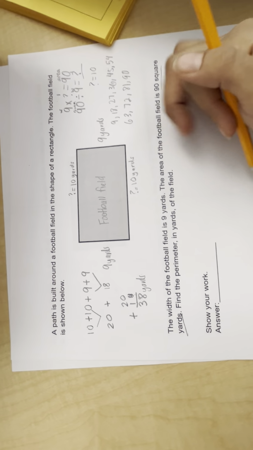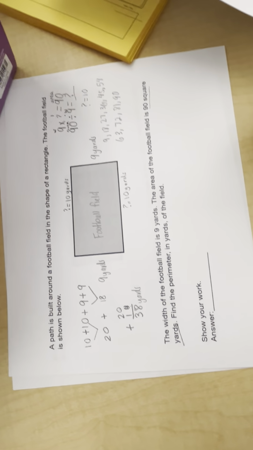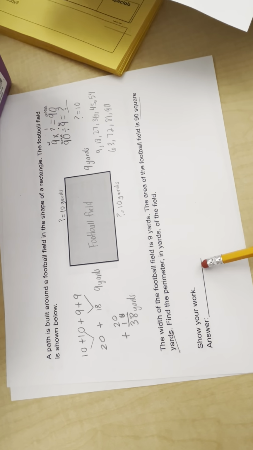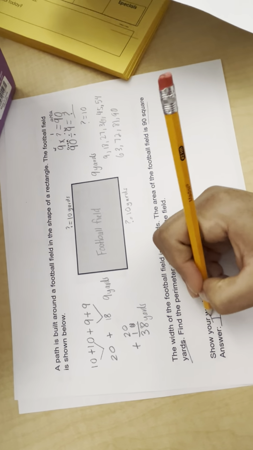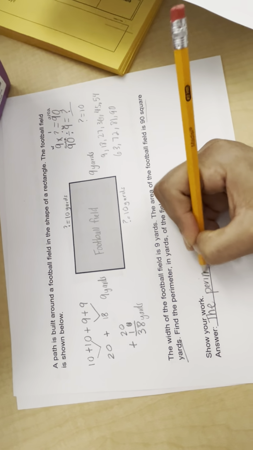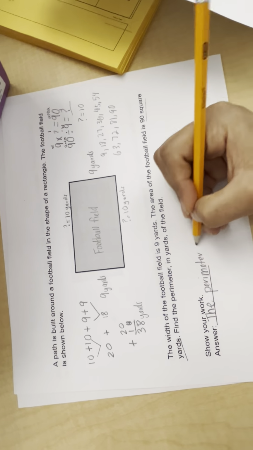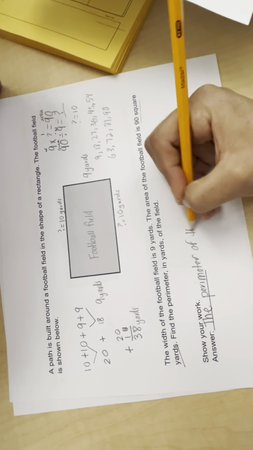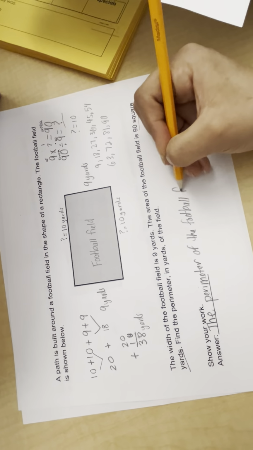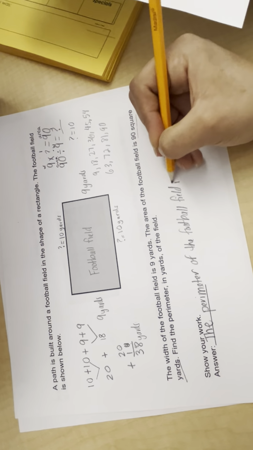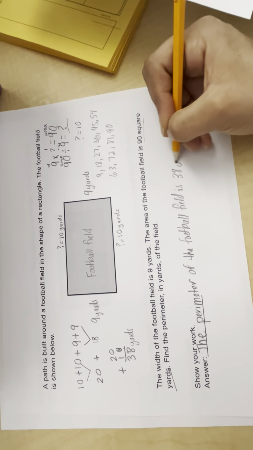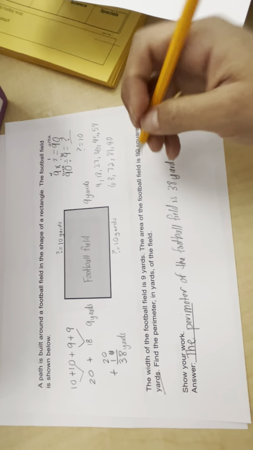My next step is to write my complete sentence to show that I fully understand what is being asked in the question. So I'm going to write, the perimeter of the football field is 38 yards.